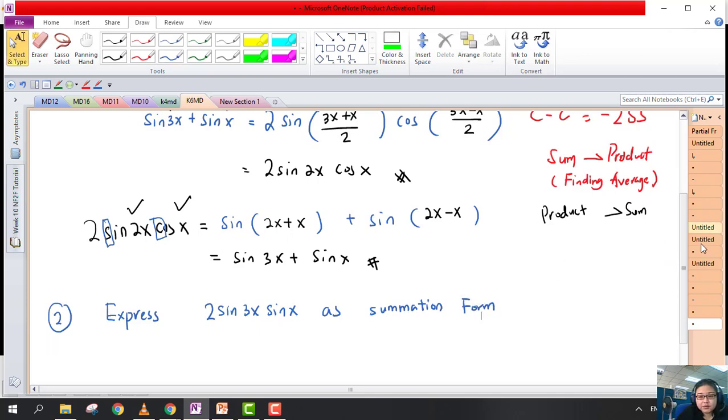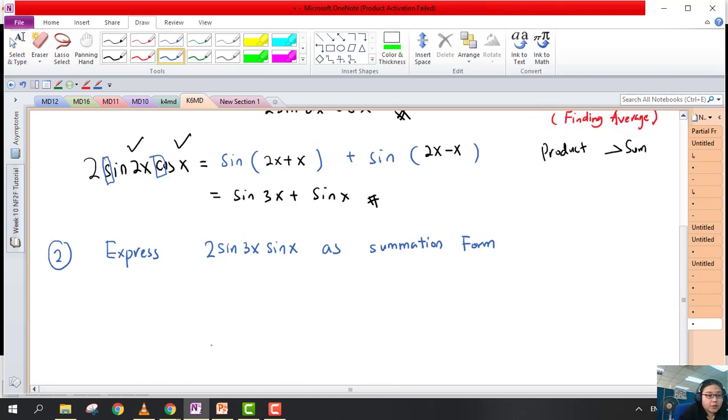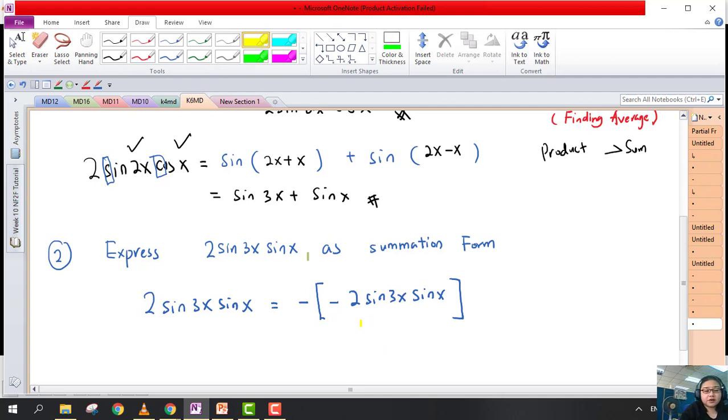We don't have 2SS, we only have negative 2SS. So it means we have to do some pattern. We have to express 2 sine 3x sine x as equivalent to negative 2 sine 3x sine x. Why do we have to do so? Because we are going to form the framework of the factor formula. From the factor formula we don't have 2SS, we only have negative 2SS.